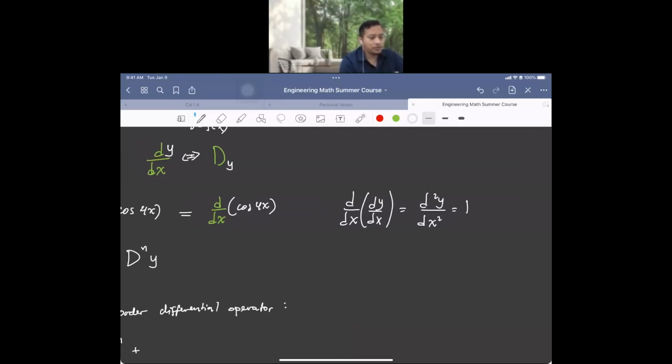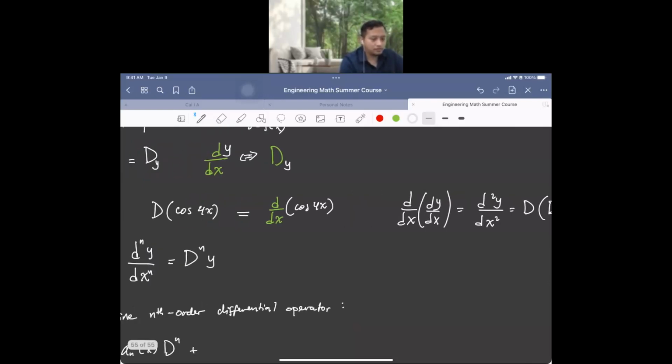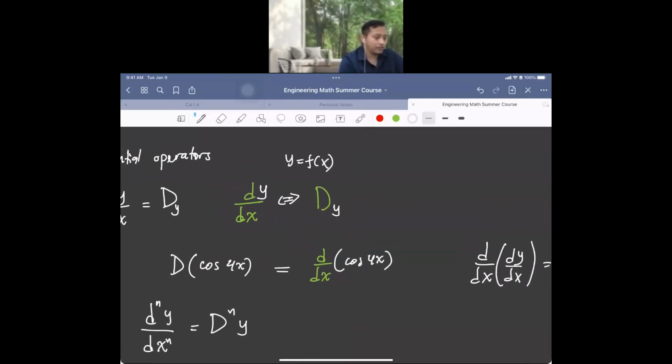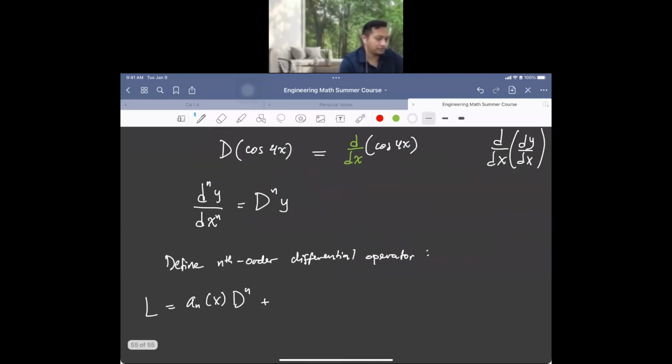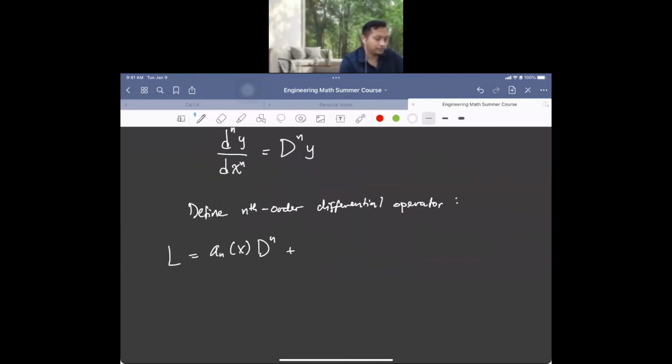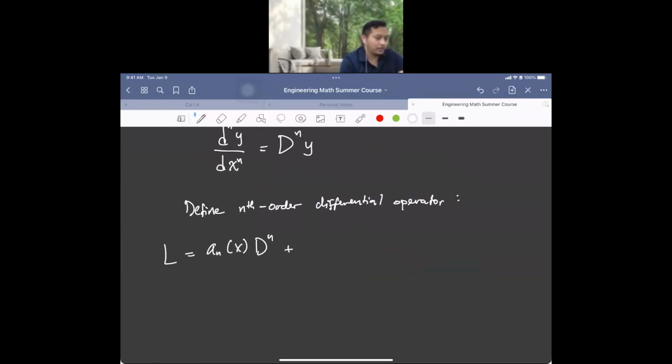We can also write it in terms of D, okay? So this is D^2 y. And then we have a definition for the nth order differential operator.